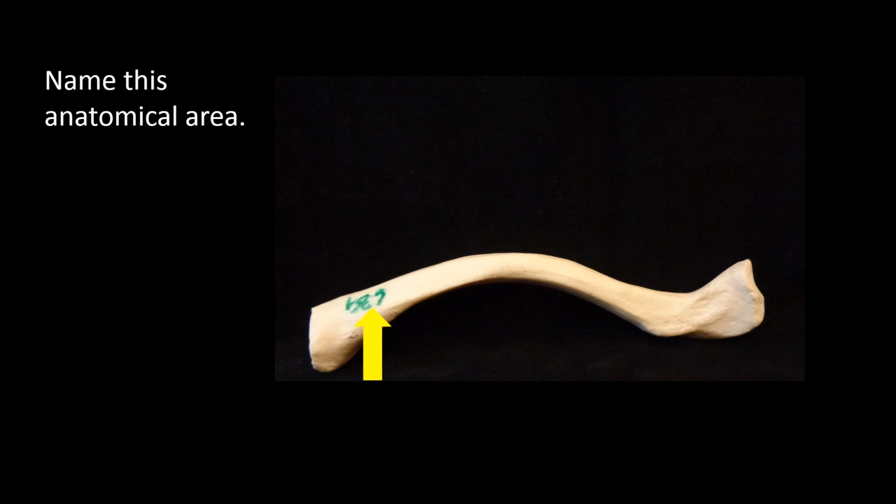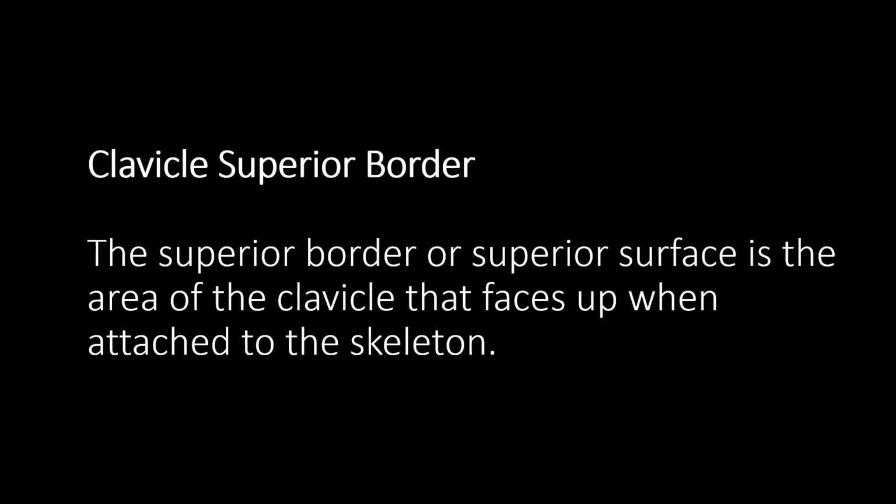Name this anatomical area. Clavicle superior border. The superior border or superior surface is the area of the clavicle that faces up when attached to the skeleton.